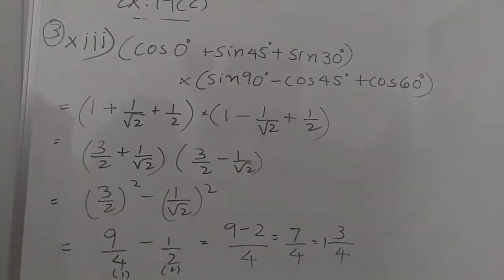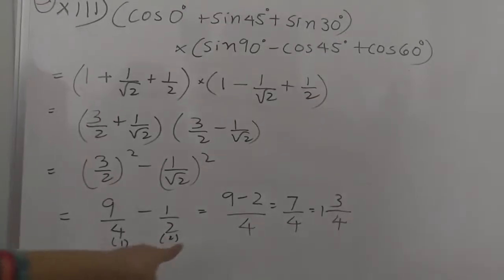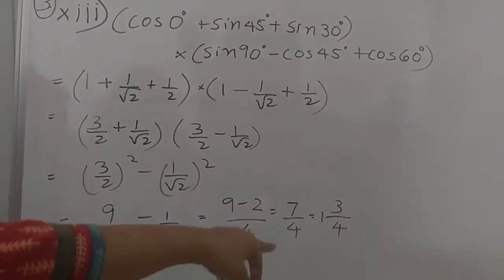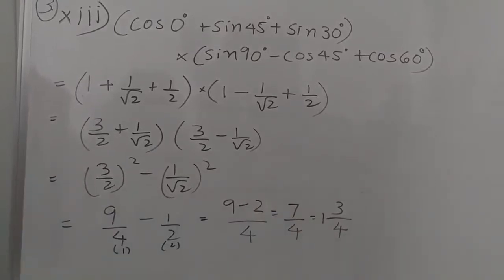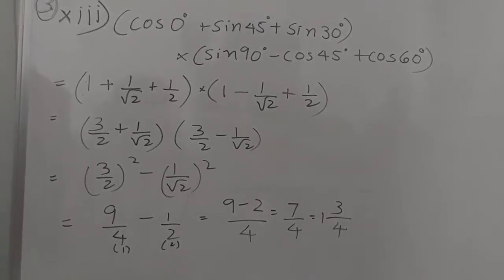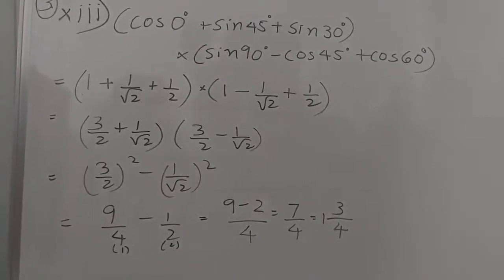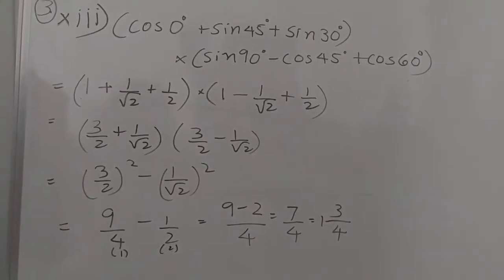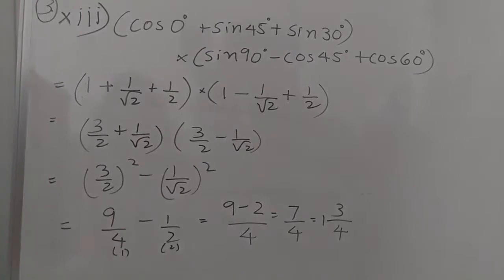Now taking LCM, I get 9 minus 2 by 4, that is 7 by 4, and then taking its mixed fraction as 1 integer 3 by 4. So we have solved here all the find the value type of questions using our trigonometrical values table. So now let us move on to next question.